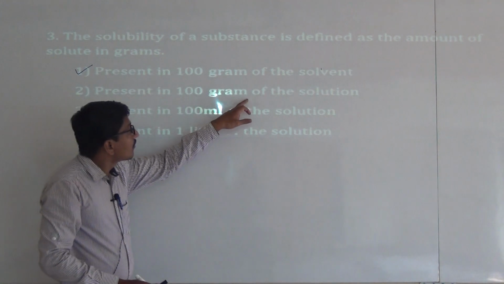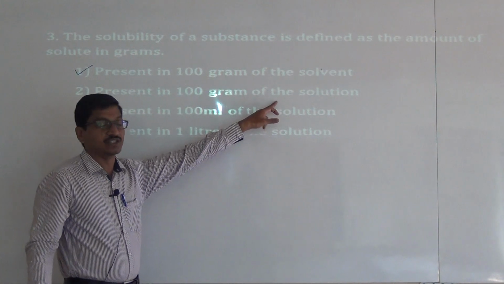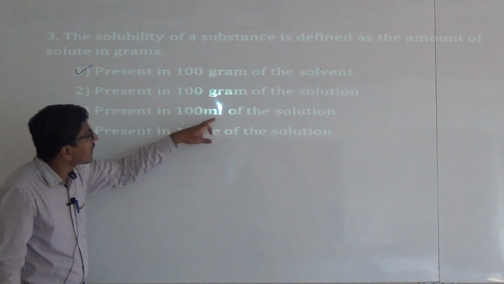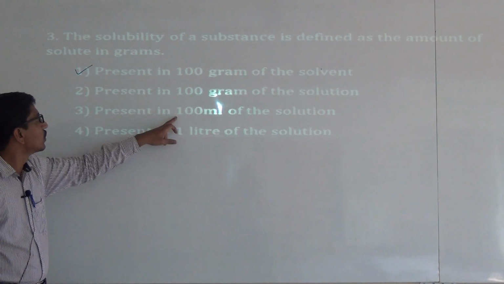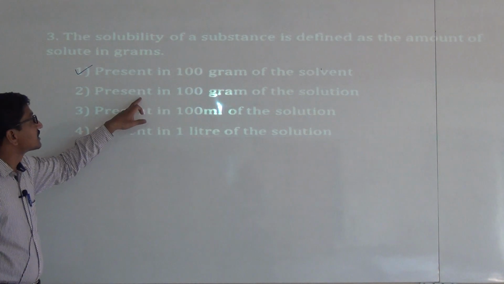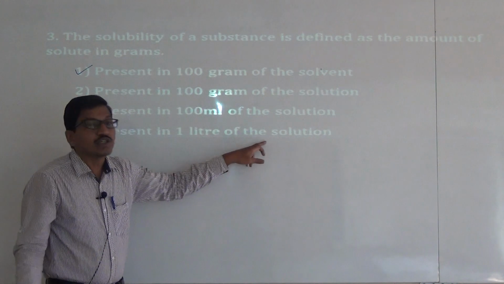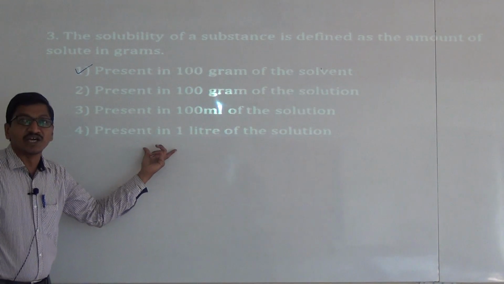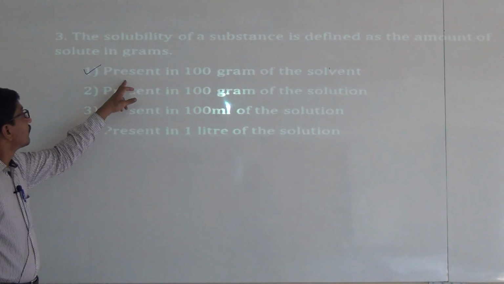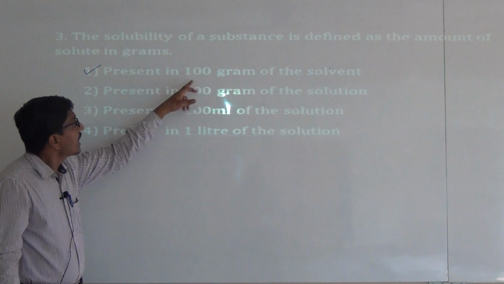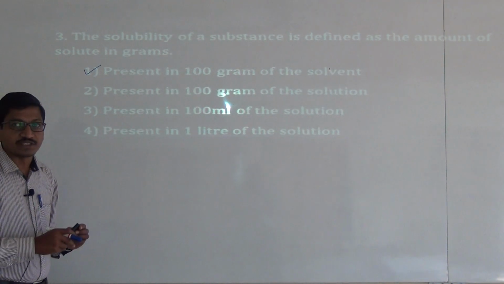Present in 100 gram of the solution is nothing but mass by mass percentage, and present in 100 ml of the solution is mass by volume percentage. And present in 1 liter of the solution means gram per liter, that is strength of the solution. Statement 1, present in 100 gram of the solvent, represents the solubility of a substance.